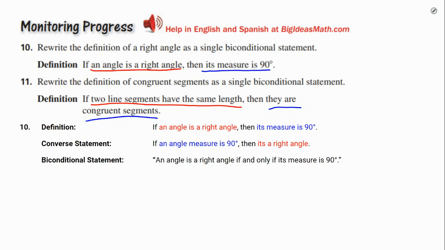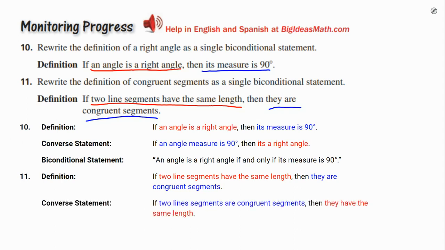All right, number 11. Again, we already identified the hypothesis and the conclusion for both of these. So if two line segments have the same length, they are congruent segments. The converse of this statement would be: if two line segments are congruent segments, then they have the same length.